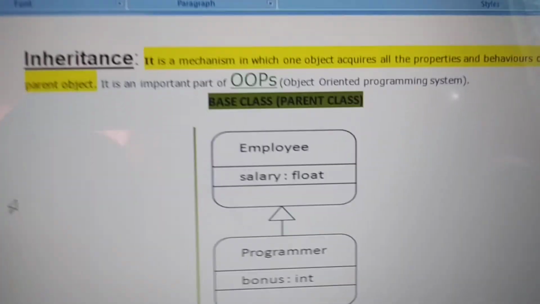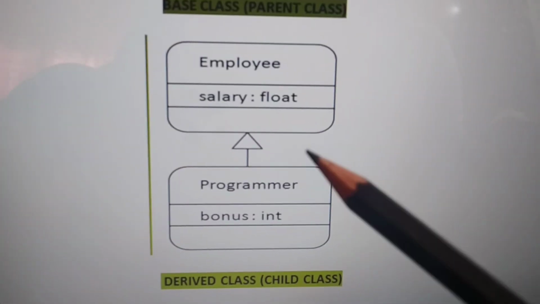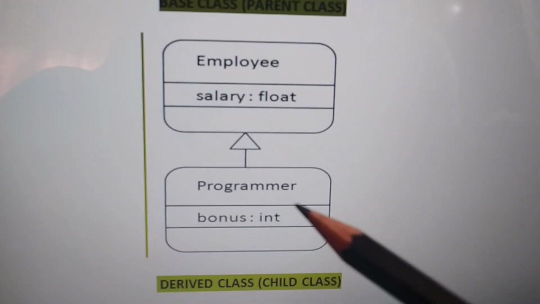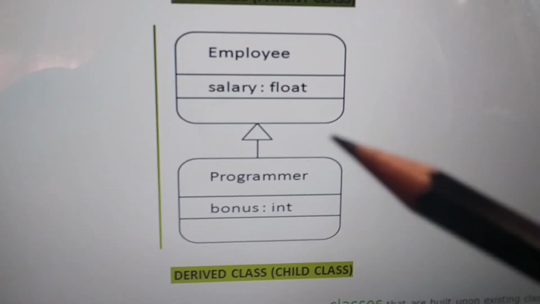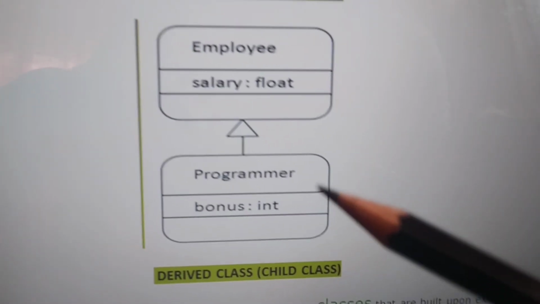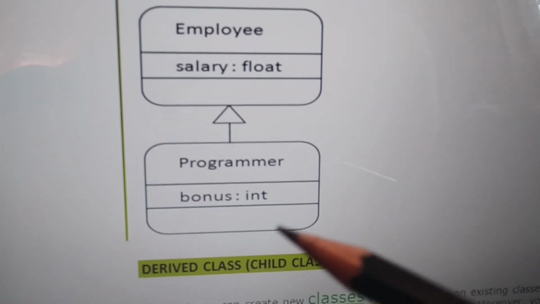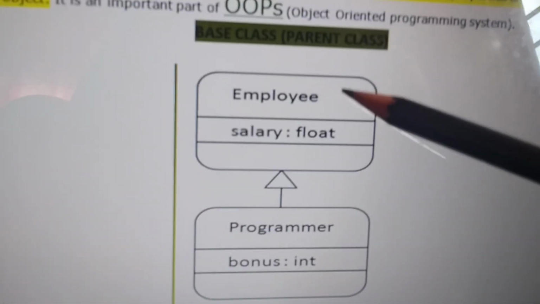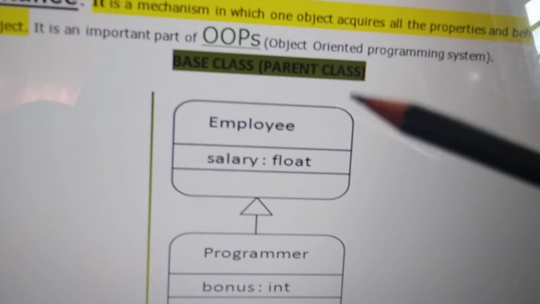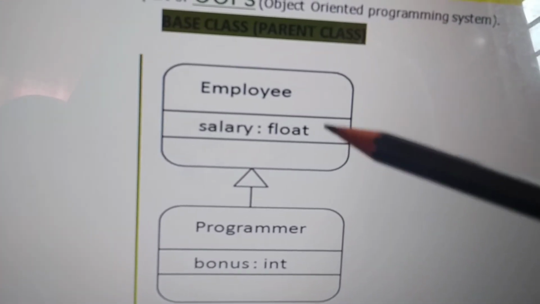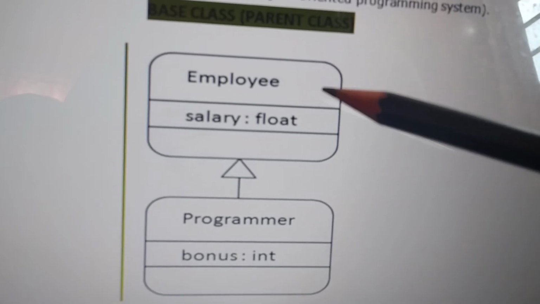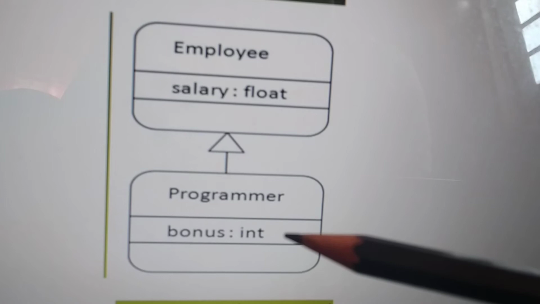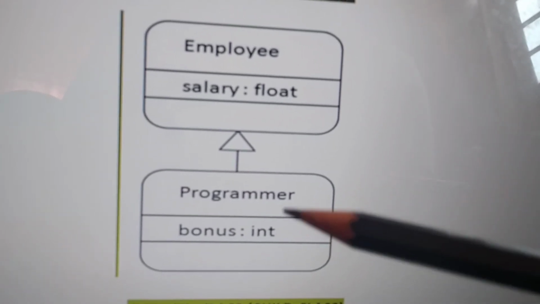Now the Programmer is the other class. Suppose while writing the program he requires the same features or functions that this class has used. Whatever variables or functions the Employee class has written, the same things are being acquired by this class, Programmer.